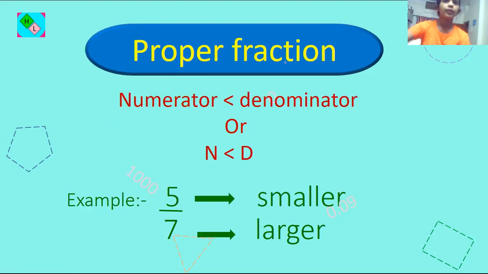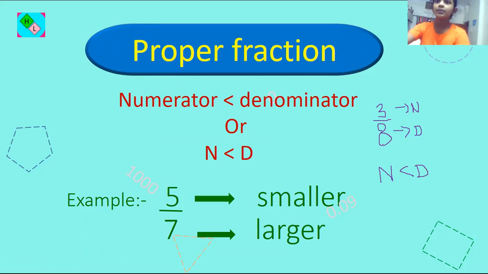So proper fraction. I have said what is numerator and denominator. Let us take an example like 3 by 8. Here 3 is the numerator and 8 is the denominator, D. In a proper fraction, the numerator should be smaller than the denominator.